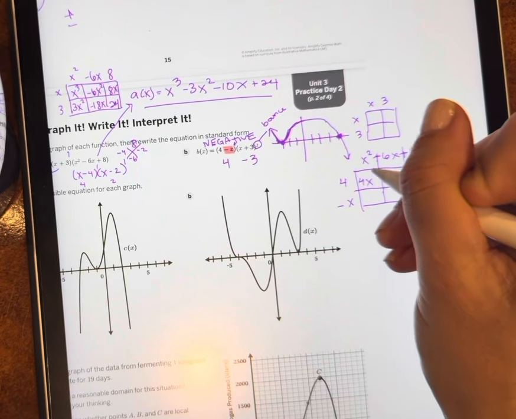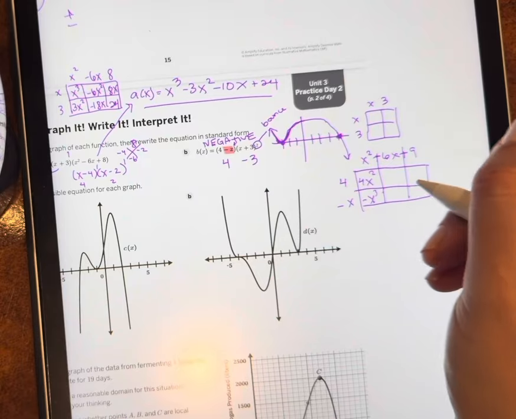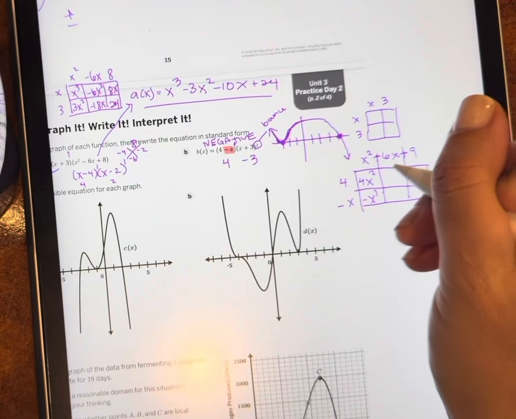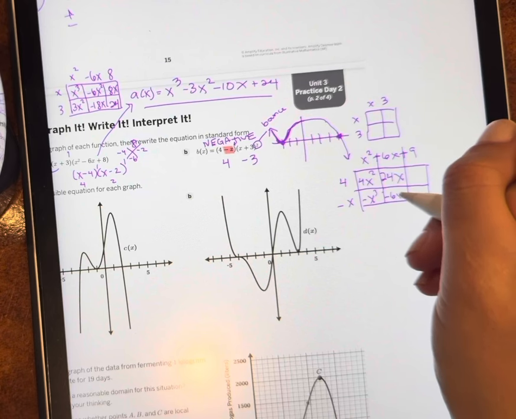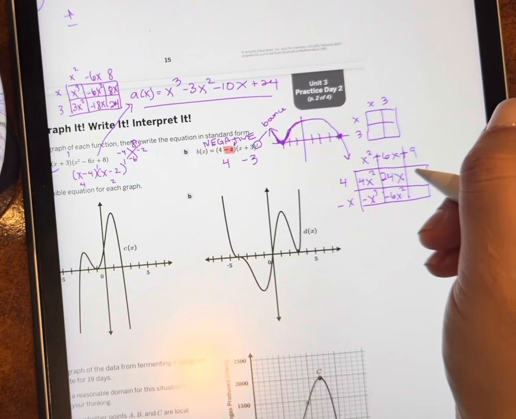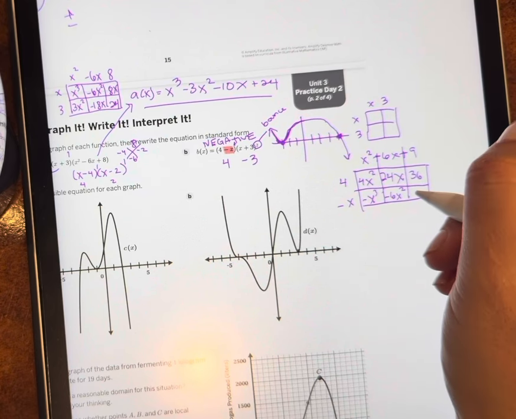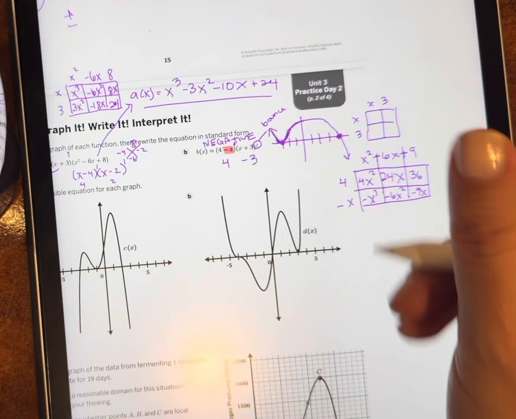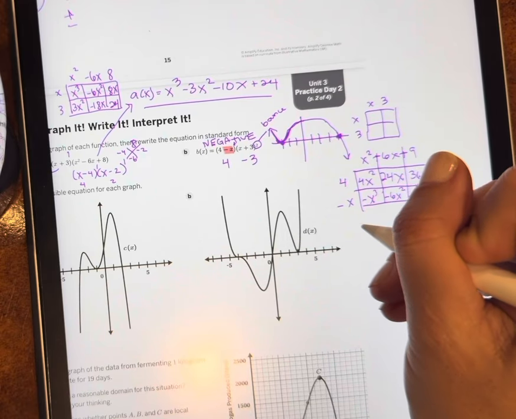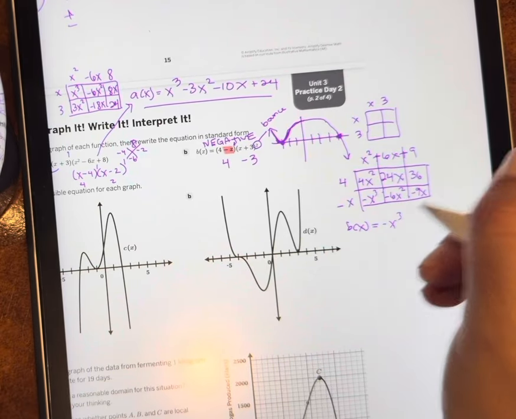You have 4x squared, negative x cubed, 24x, negative 6x squared, 36, negative 9x. And then this will simplify to go with the biggest exponent first. B of x equals negative x cubed.